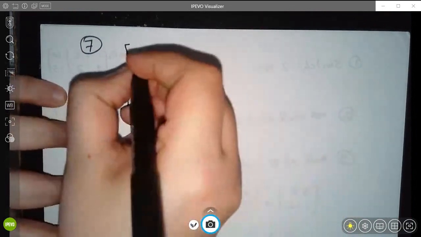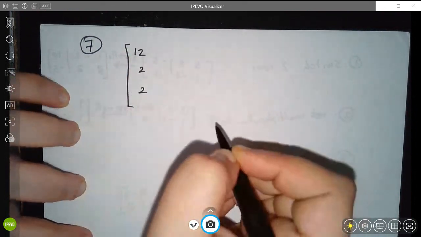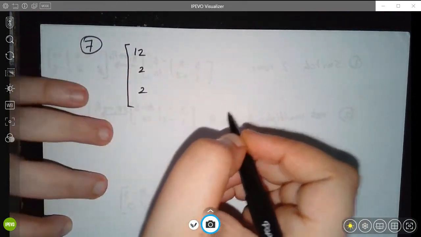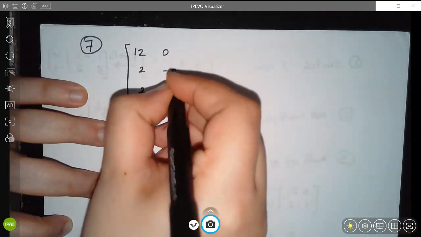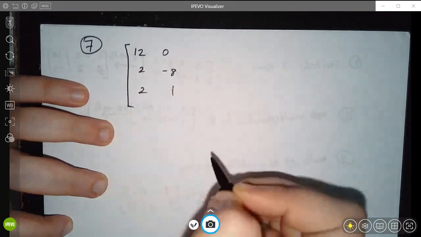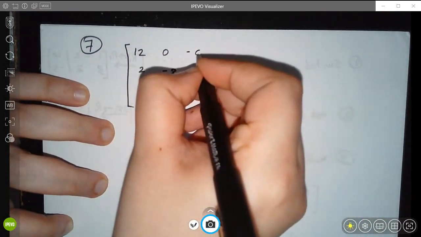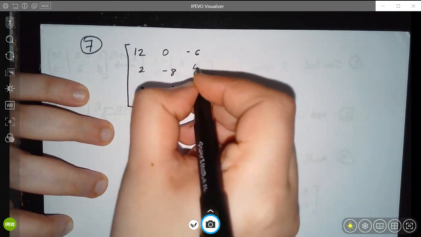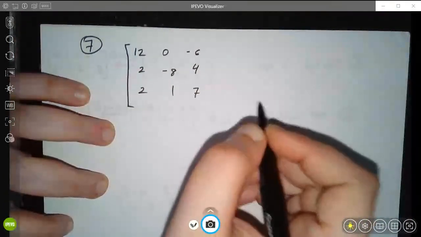Okay, this one's a 3 by 3. We have 12, 2, and 2. That's the first column. We have 0, -8, and 1. That's the second column. And we have -6, 4, and 7. That's the third column.